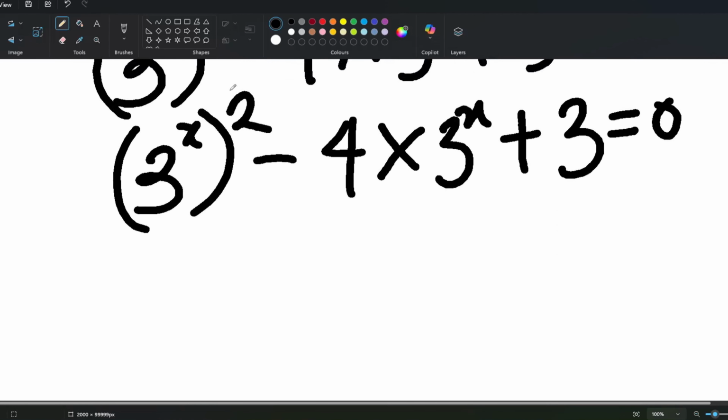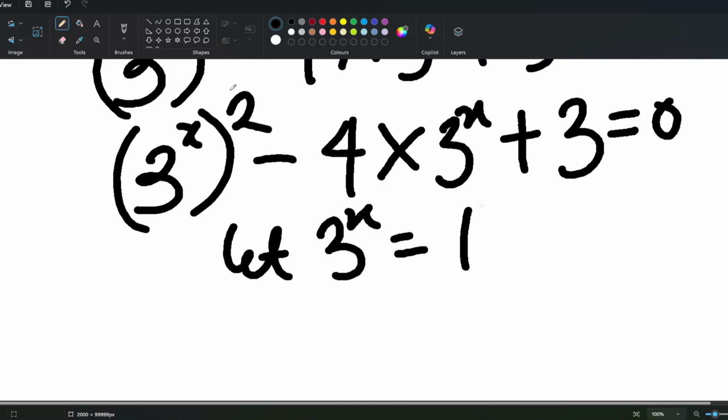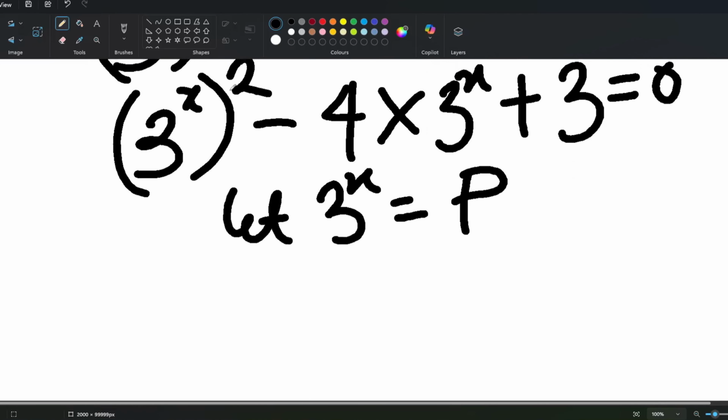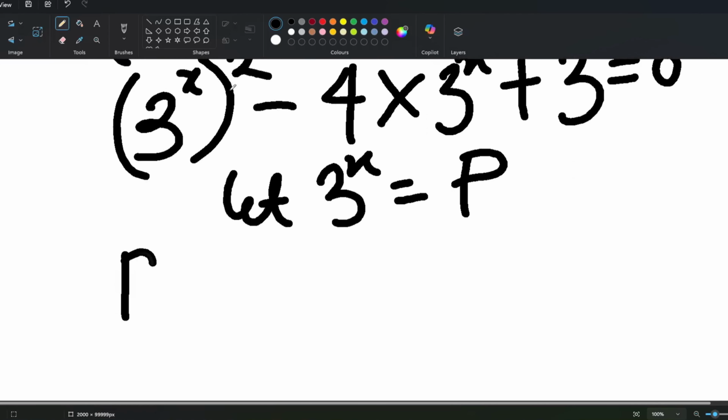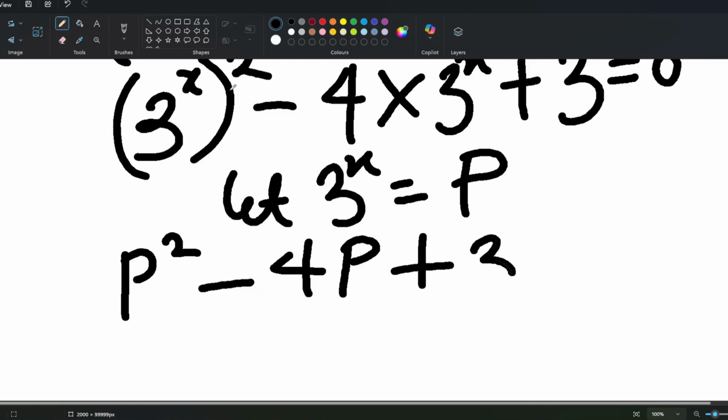So at this point, we see that 3 raised to power x is common, and we can say let 3 raised to power x equal p, for instance.